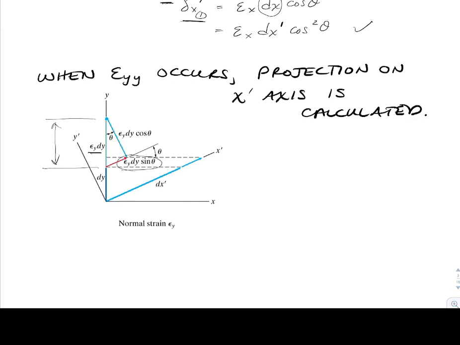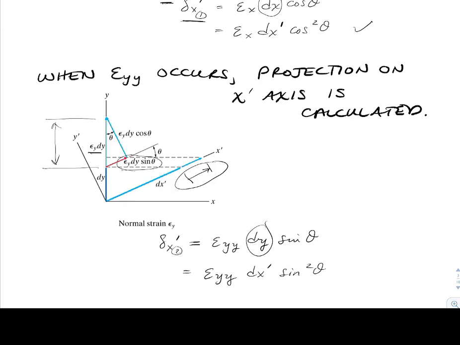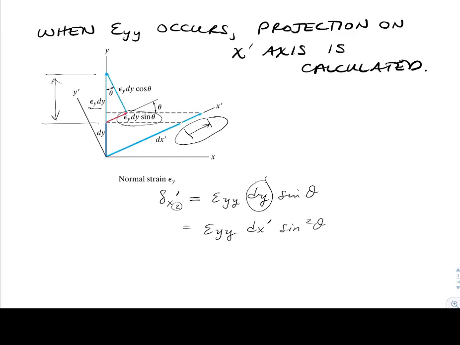So that's going to be epsilon y dy times sine theta. And so we're going to track the projection over here on the x prime axis. So there's our value for delta x prime 2, where we're talking about epsilon yy. And then we're just going to plug in our relationship for dy that we have. And so there's our contribution from epsilon yy.